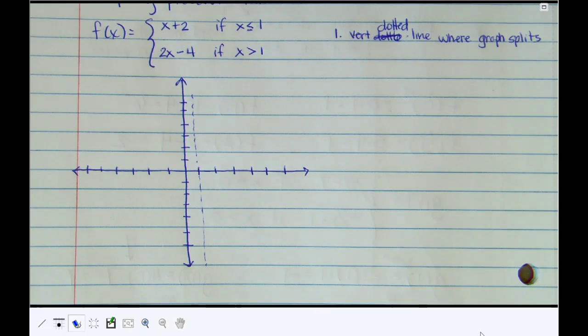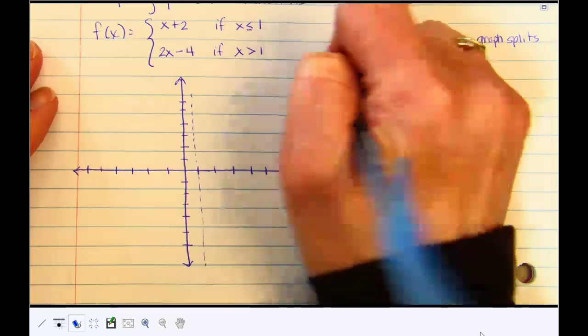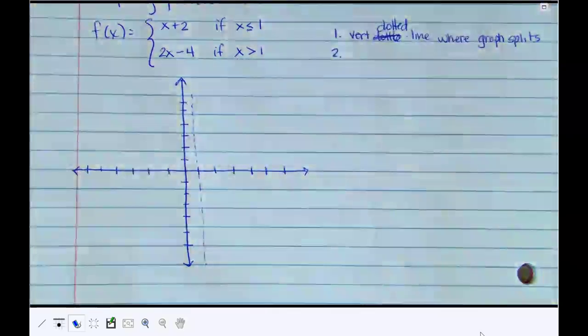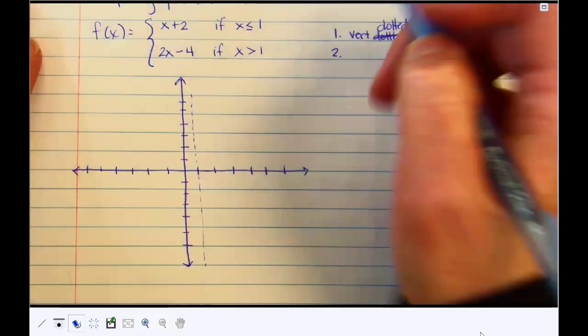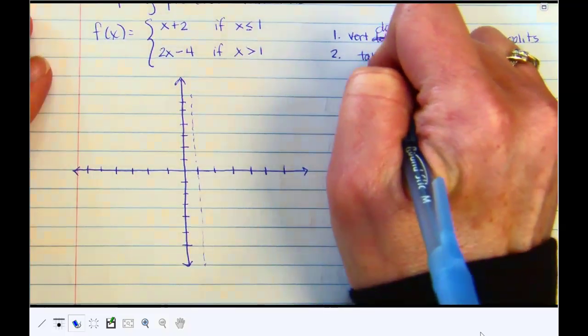Okay. Now, the next step, we're going to graph these with tables. We don't usually graph with tables. We usually graph with the y-intercept and all that, but it doesn't work like that for these. They're just different. So you can make one table for each piece.